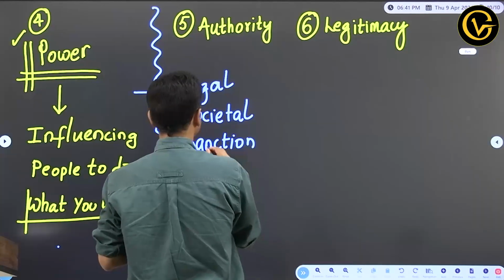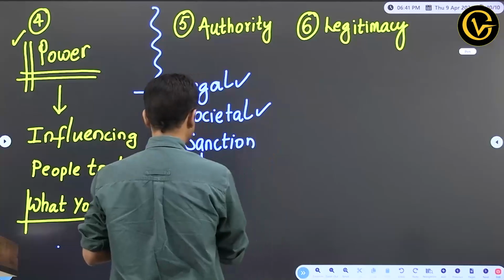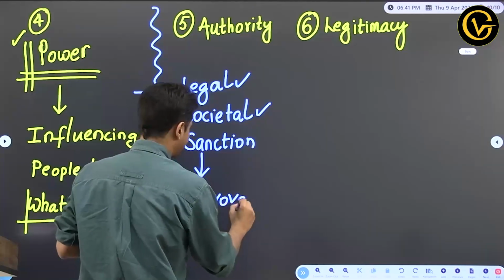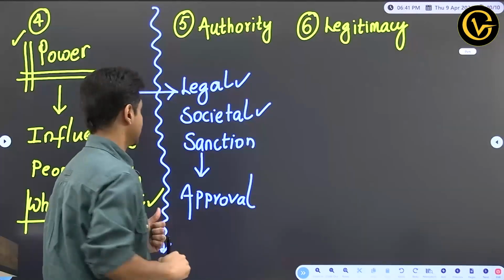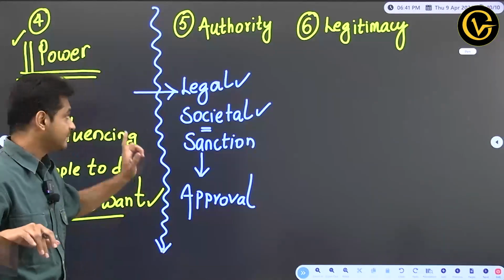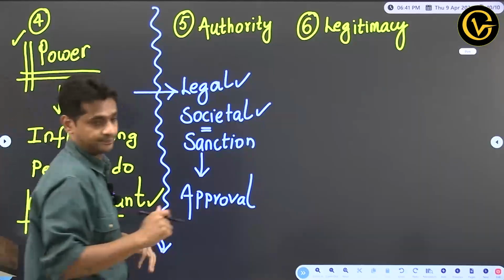In simple words, sanction means approval. If your power is accepted by law or by society, it becomes authority.